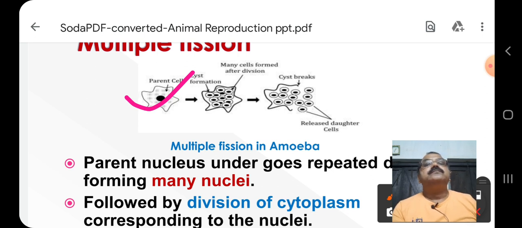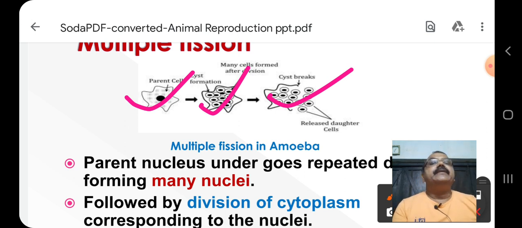Later, each nucleus is surrounded by cytoplasm, and later the parent individual bursts and the nuclei along with cytoplasm, or the daughter individuals, are liberated out.